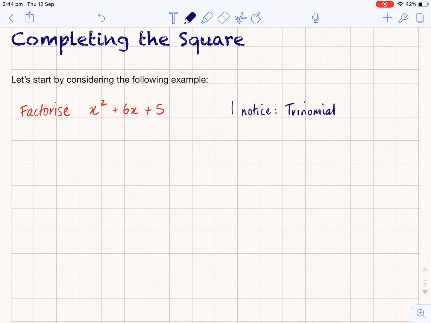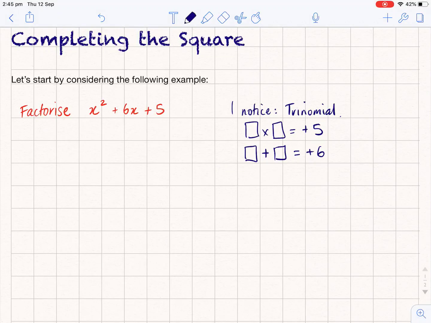For trinomials, look for a highest common factor to start with, and I can see that there isn't a highest common factor. So my next step is to try and find two numbers that multiply to equal positive 5, and the same two numbers have to add to equal positive 6.